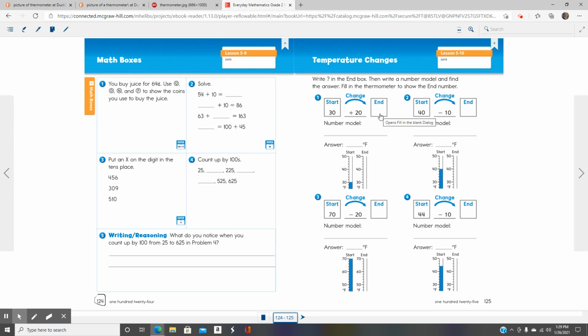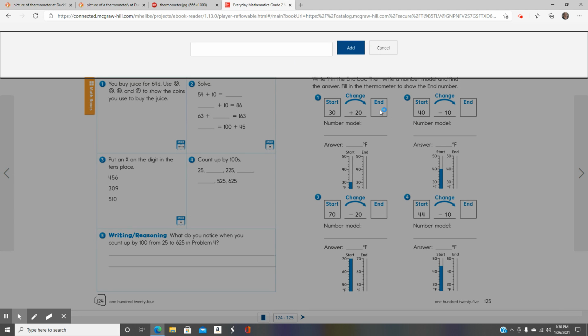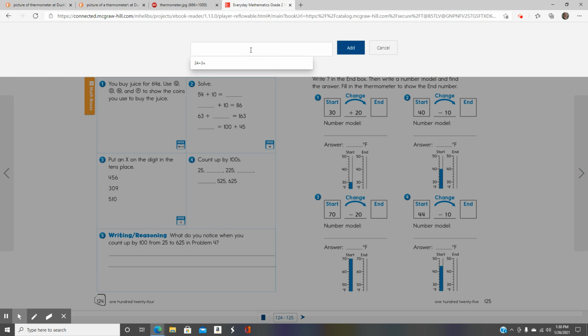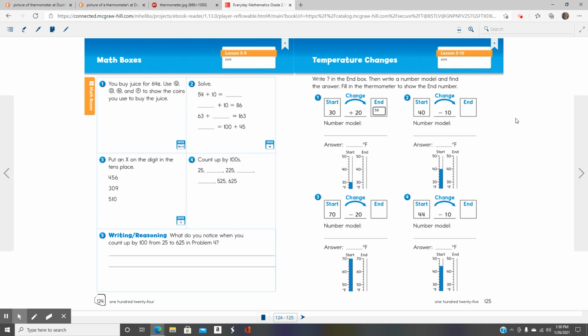So you have 30 plus 20, which would be 50, right? If your head is kind of spinning, like, how did she get that answer? Well, I just did old school in my head, but if you need to do old school on paper, line up these numbers and add them up, you would get 50.